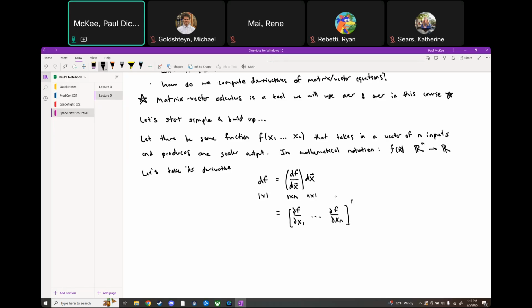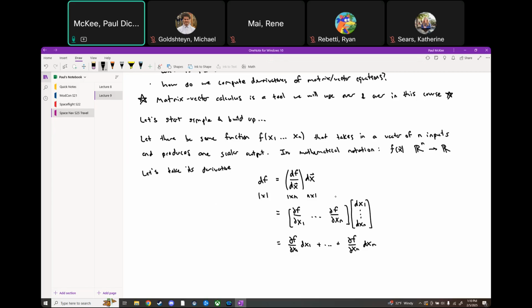But then each of those would be multiplied by a differential of x1, x2, all the way down to a differential of xn. So we can see visually, this is going to be a 1 by n row vector. This is going to be an n by 1 column vector. Or if we multiply this out, it's going to be the partial of f with respect to x1 times dx1 plus, all the way to, the partial of f with respect to xn times dxn.